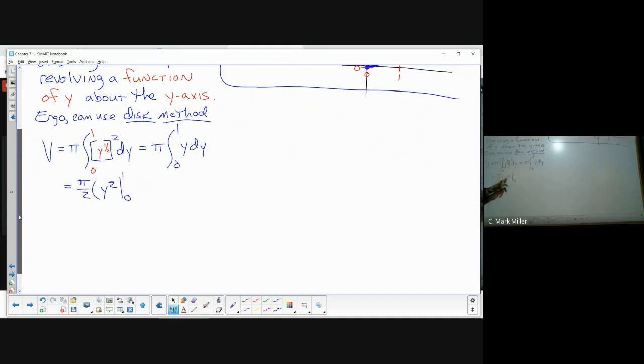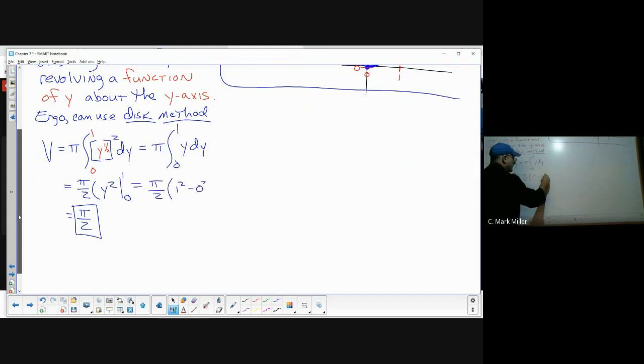So this integrates to 1 minus 0, pi over 2. I'm going to add one more step here, applying the fundamental theorem of calculus, with pi over 2.